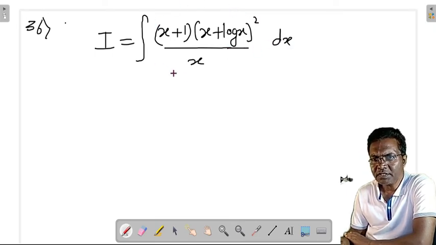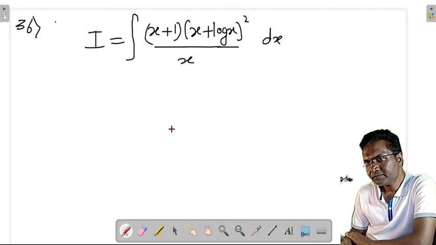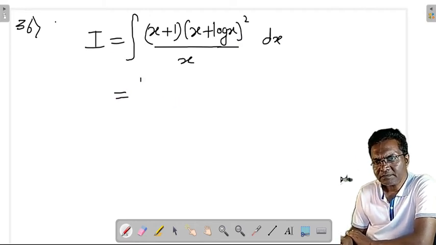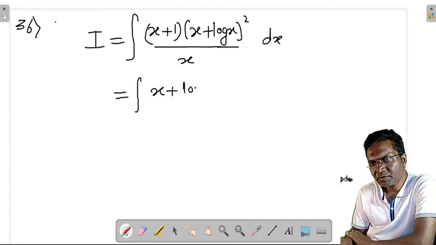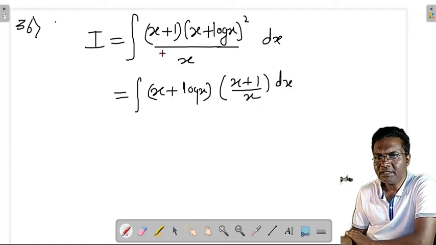Let us take I as this. It looks complicated but is simple. See here, I write it in this fashion: x plus log x into (x plus 1 by x) dx. I have written x plus 1 by x here.